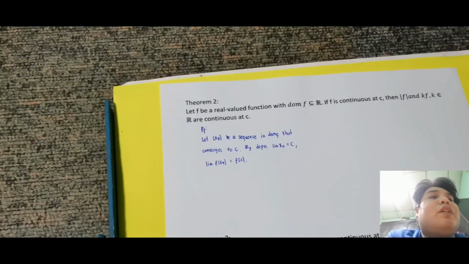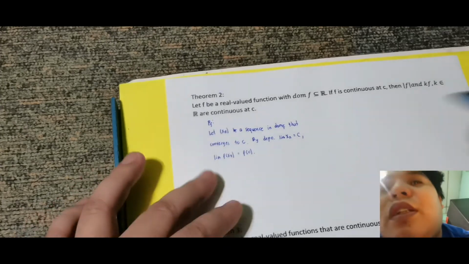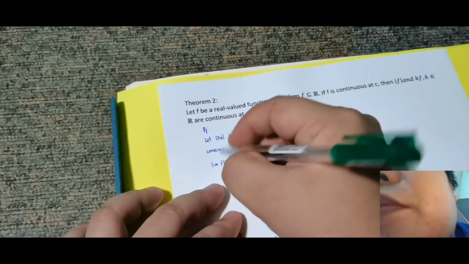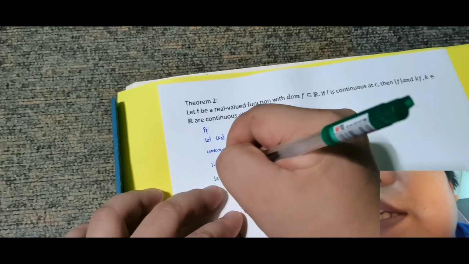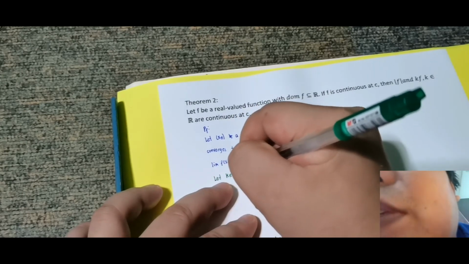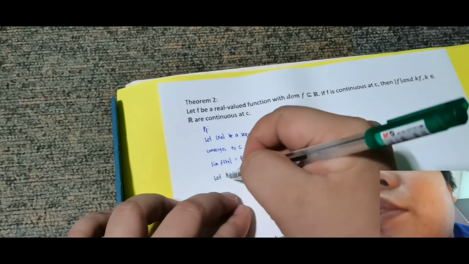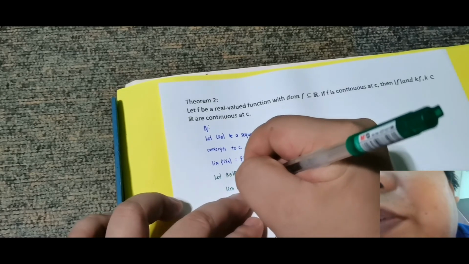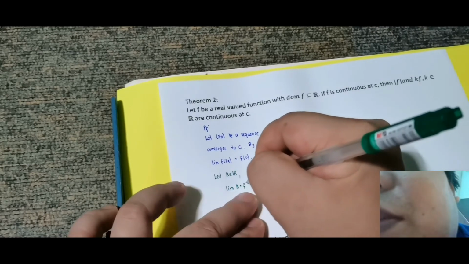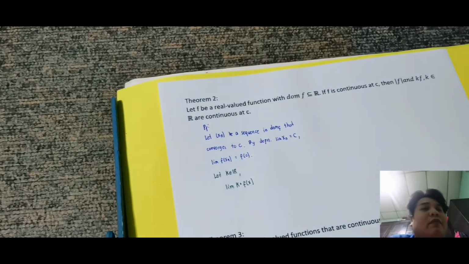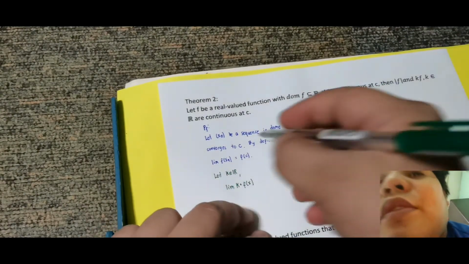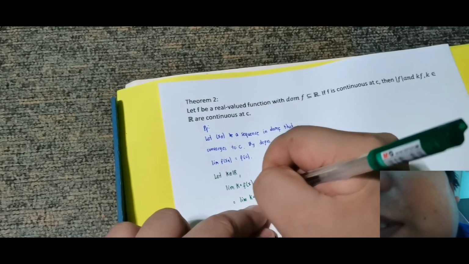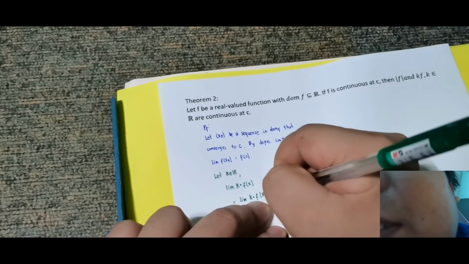So we need to show that kf is continuous at c. Okay, so ito yung una. Let k element of real numbers. Okay, so consider si limit of k multiplied by f of x sub n. So this is equal to limit nung k times f of x sub n.